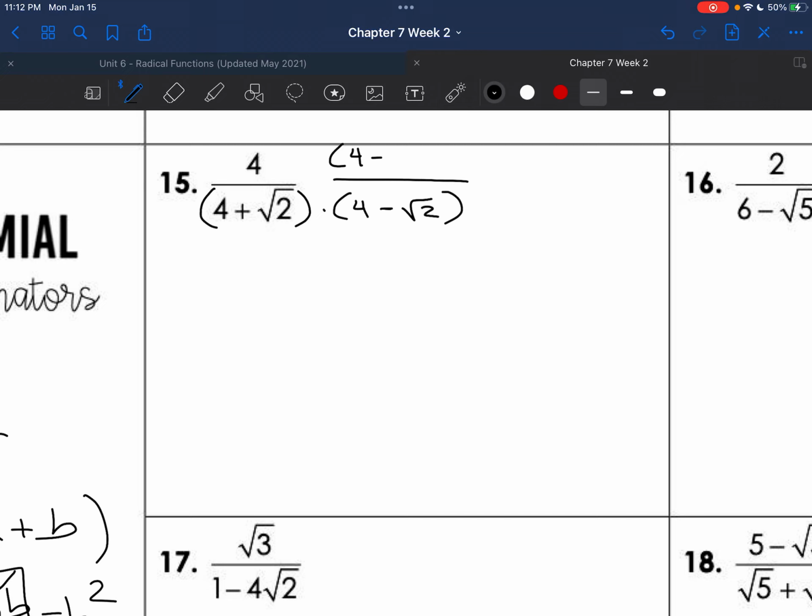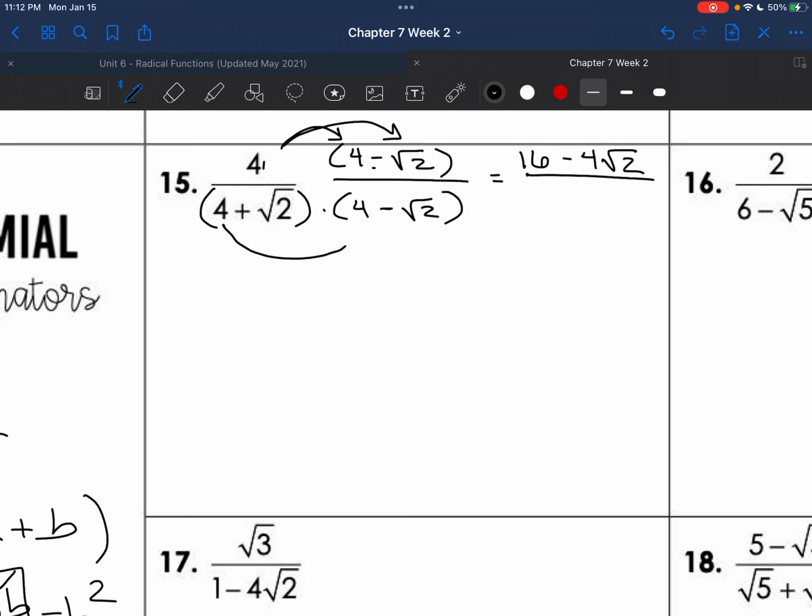Now, we have to multiply by the number 1, so whatever we do on the bottom, we've got to do the same thing to the top, right? So now, on the top, we're going to distribute. 4 times 4 is 16. 4 times negative 2 is negative 4 square roots of 2. Okay, simple distribution for that guy.